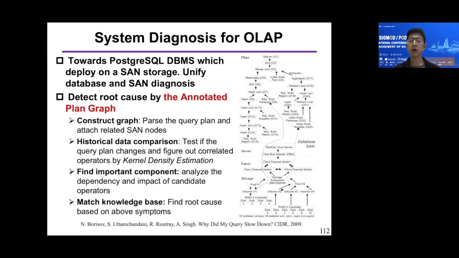They first build a graph by parsing the query plans as a tree, and then correlate the operators in the SAN model with the nodes in the tree. Then it compares the newly built tree with the historical data and judges whether the query plan has changed and which operators consume much more time.